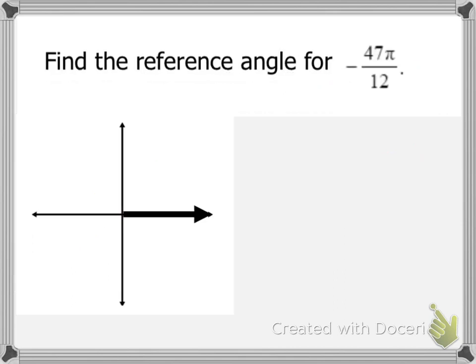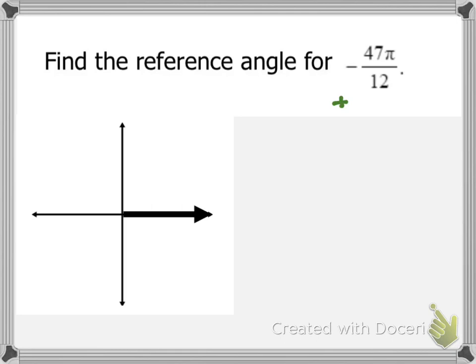Last one, negative 47 pi over 12. So we want to get rid of some of those rotations, but if we subtract them, then we're going to kind of be adding them, right, since it's negative. So we are going to add the equivalent of a rotation.